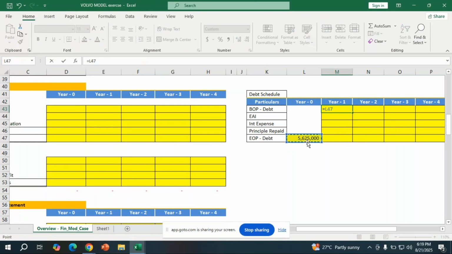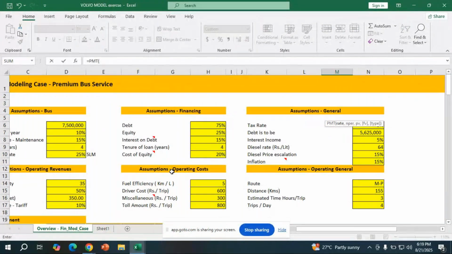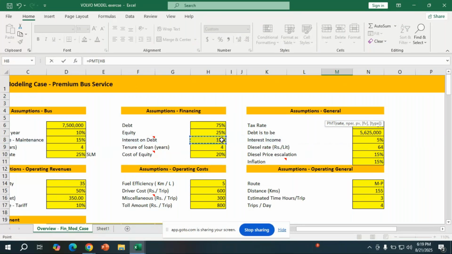Equals to this, enter. Okay, so take this cell reference for year one. Then you're going to calculate the EAI. Remember, you had done EAI for debt amortization schedules and so many cases. Same procedure, equals to PMT. So you start with the rate. Now, what is the rate here? Rate is this one, 15%.